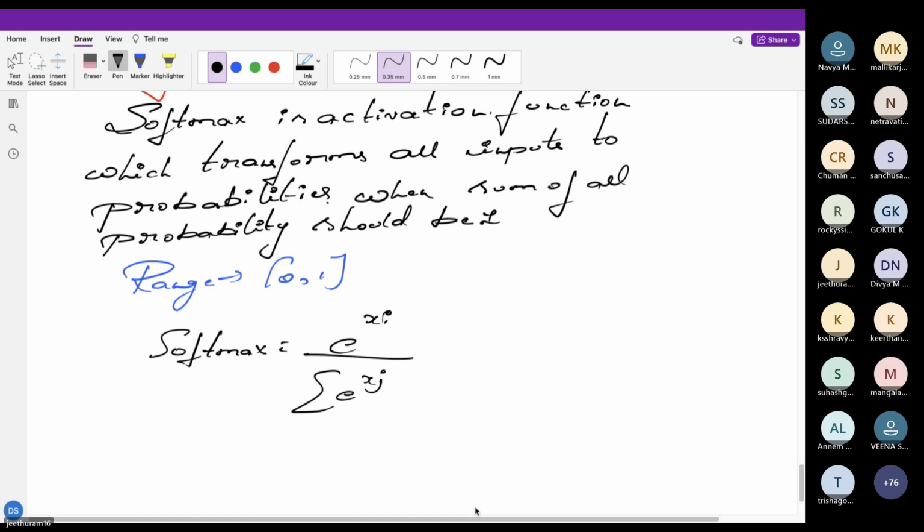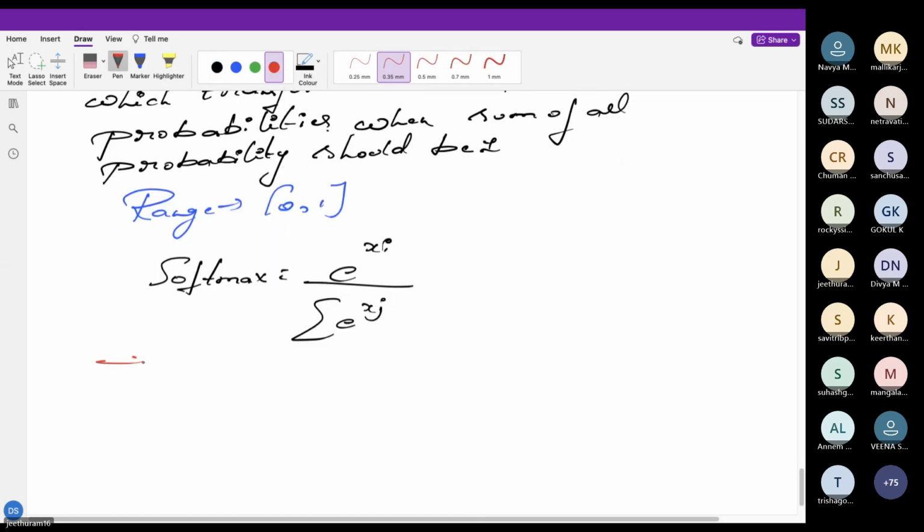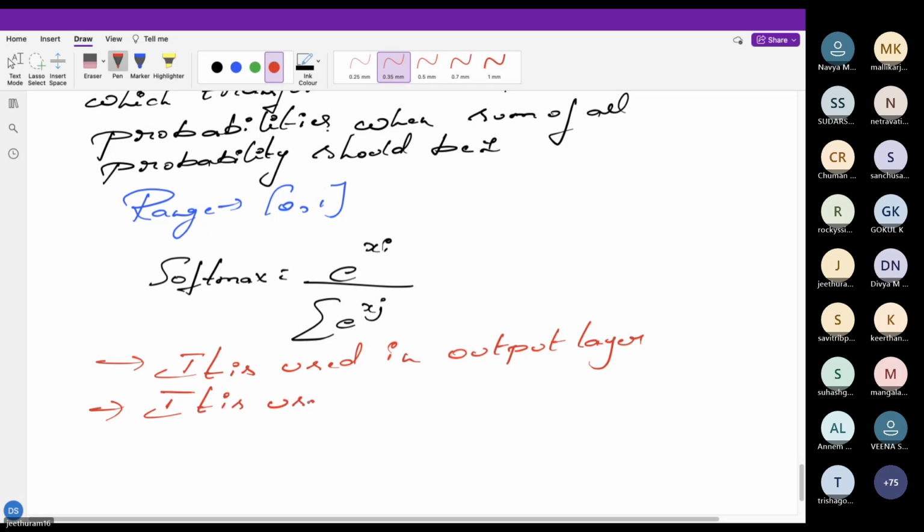Hope it's clear. It is used in the output layer. It is used for multi-classification problems.